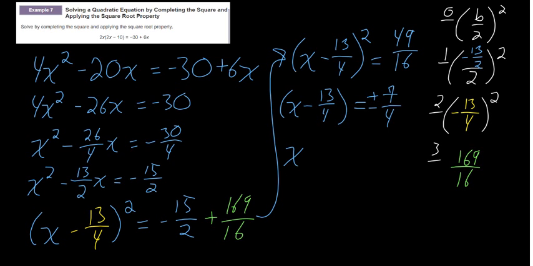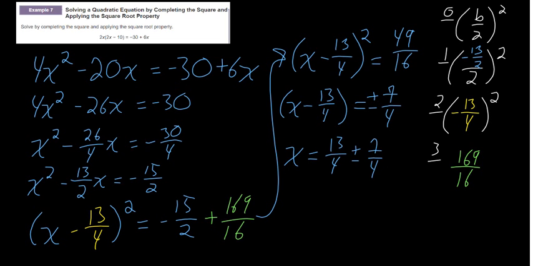So we're going to have x is equal to 13 over 4 plus or minus 7 over 4. And we can actually go ahead and do this, right? If we did 13 over 4, no, we'll keep it like that.